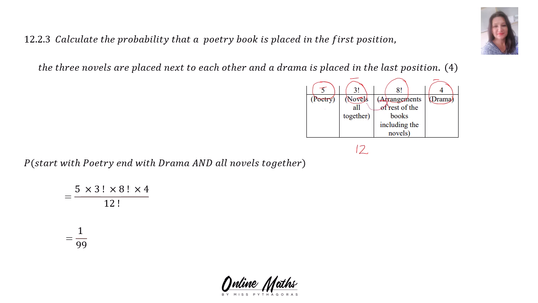So we must subtract it. So therefore it's 8 factorial. And then when you work it out, you get 1/99. So where's the marks? The marks are for the 3 factorial of the novels together, the 8 factorial, and then the 5 times the 4, which you placed in first and last position, and then final answer.